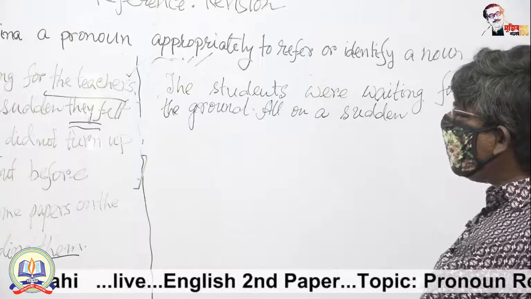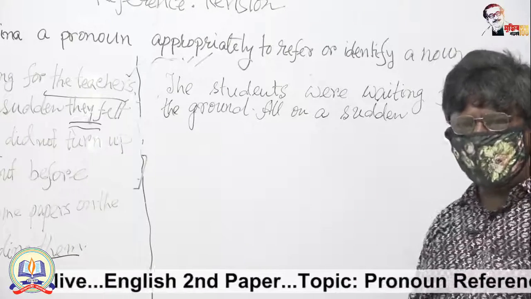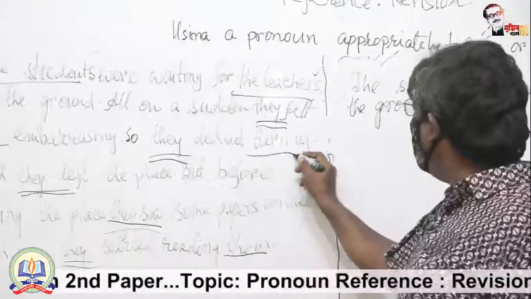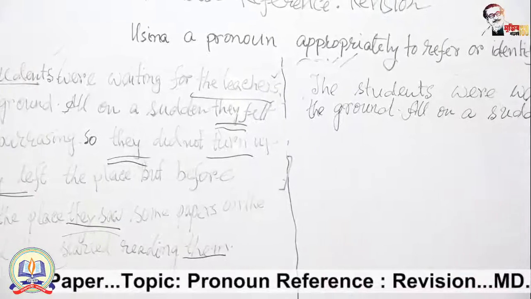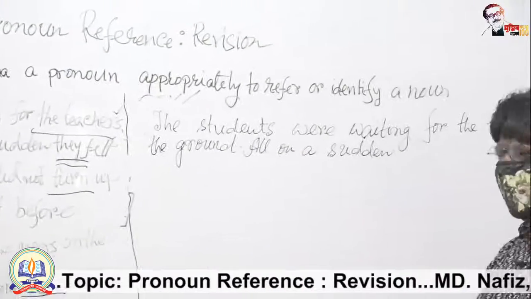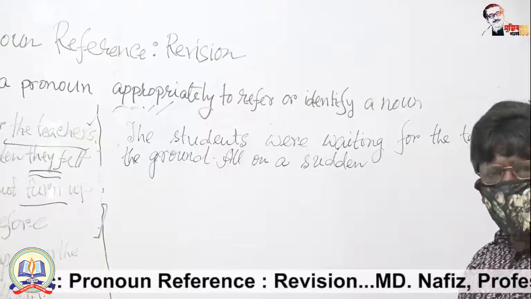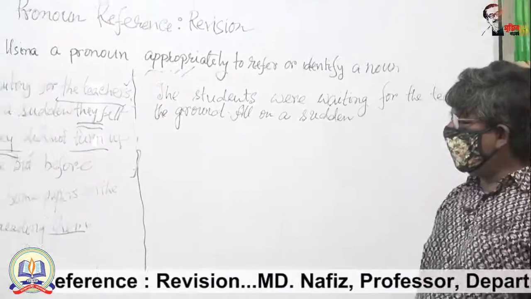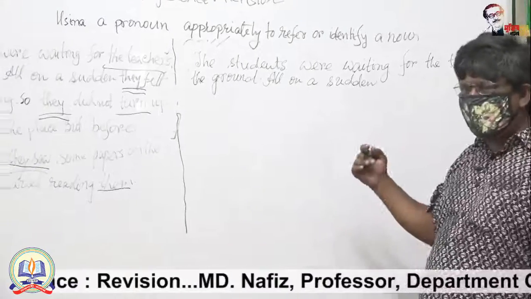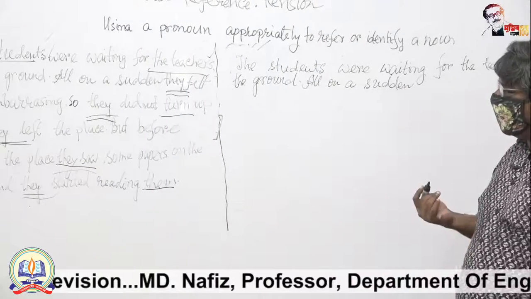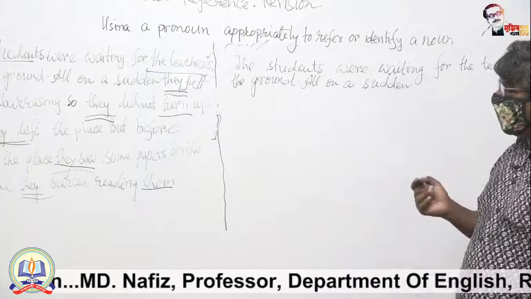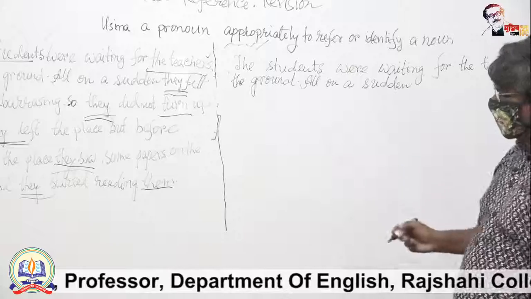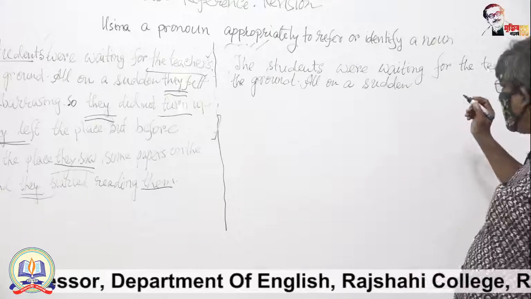The teachers or the students? What do you think? Look at the next sentence. So they did not turn up. You see, the students are waiting for the teacher. Therefore, the verb turn up refers not to the students. The verb turn up refers to the teachers.